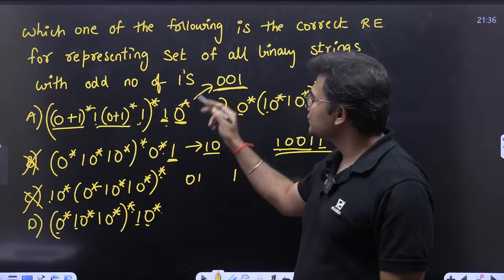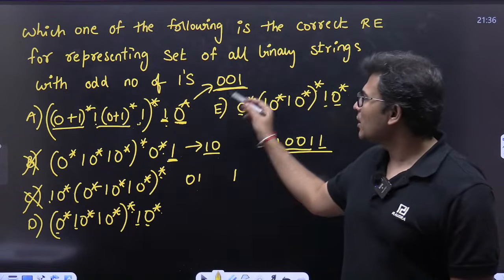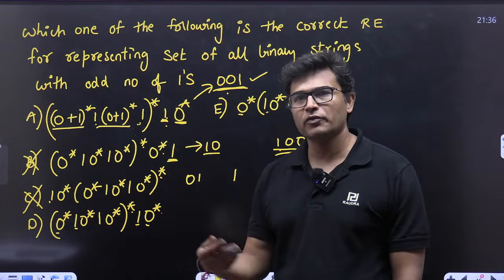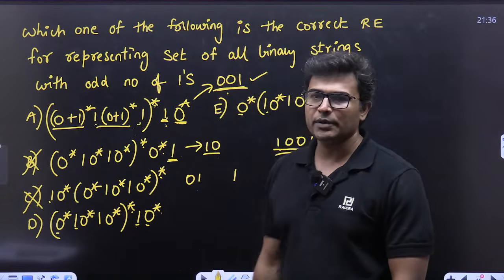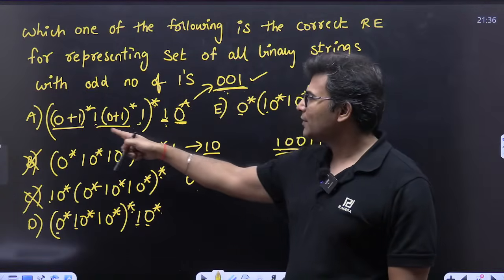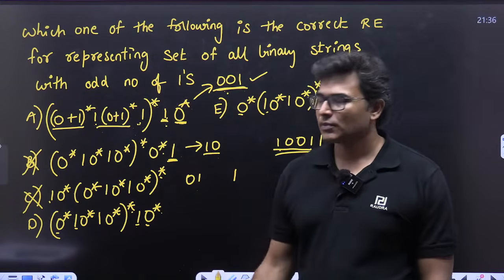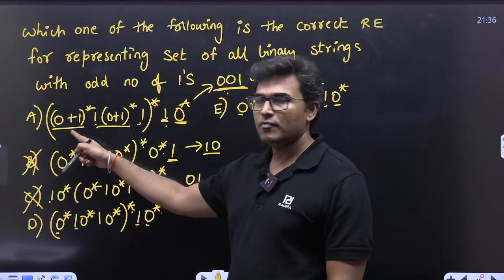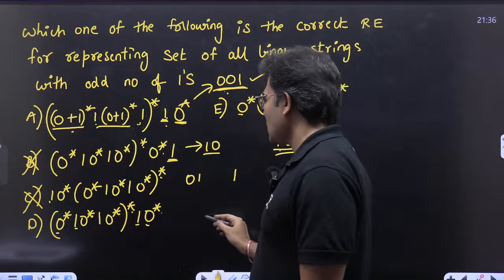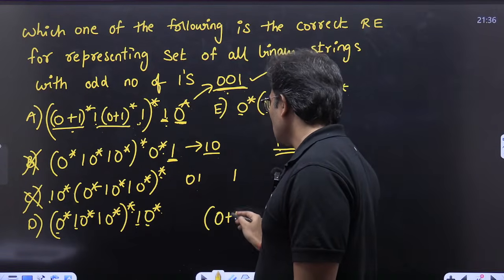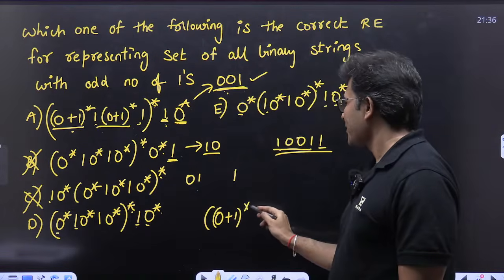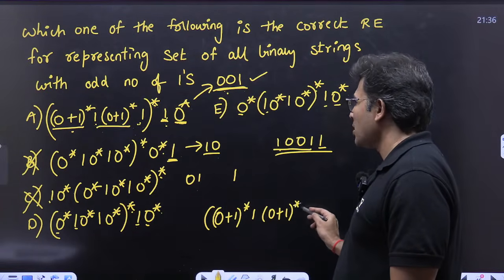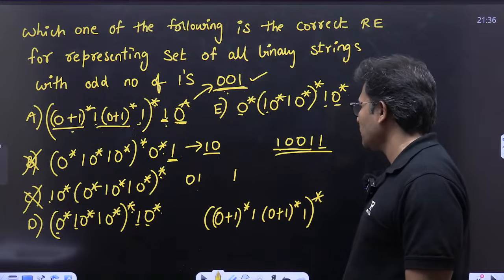How did I come to this? By looking at this I came to this, that will come with experience. If you solve more questions, you too will be able to guess like me. Can 0 0 1 be generated by this? Now check this. So 0 can be generated here. Now if I want 0 0 plus 1 star 1 whole star.